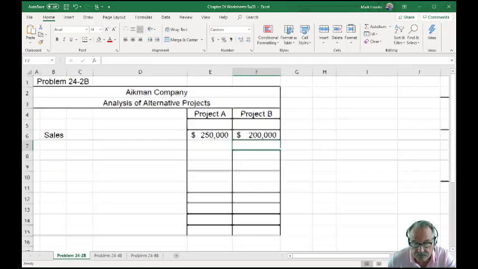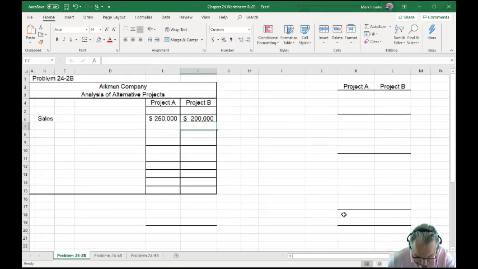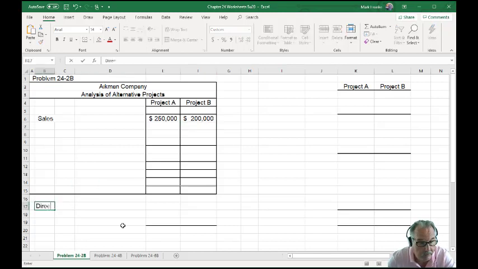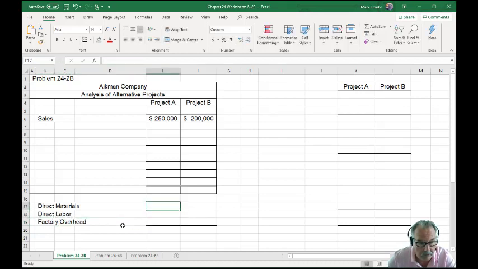Now, we also have materials, labor, and overhead for these projects. So we'll go direct materials, direct labor, factory overhead. For Project A it's $35,000 for materials, $50,000 for direct labor, and $30,000 for factory overhead.